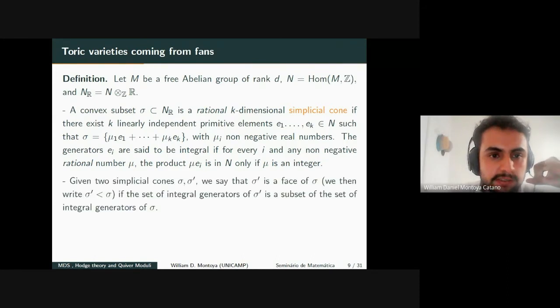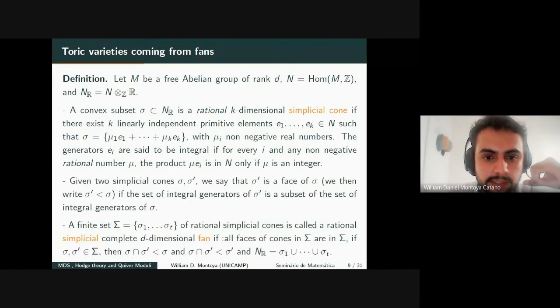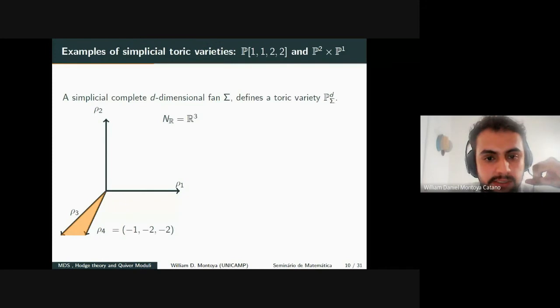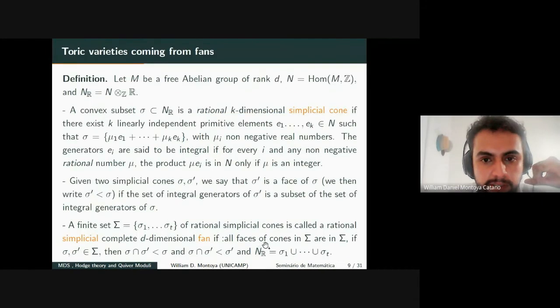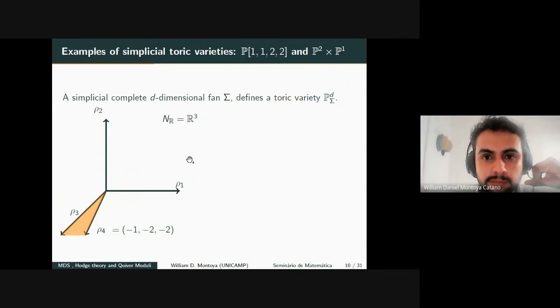But here is just another way to construct toric varieties, coming from the fan. As you can see, this is a free abelian group, so you can think about it as a lattice, and integers are integral in that sense. So it's very numerical.